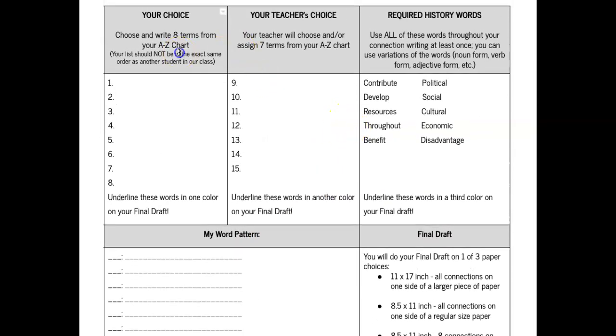In addition to these words, you are also required to use these specific history words. You're going to use them all throughout your connection writing, at least once. You can use variations of the words, so the noun form, verb, past tense, adjective, however you want to conjugate these terms, that's fine.